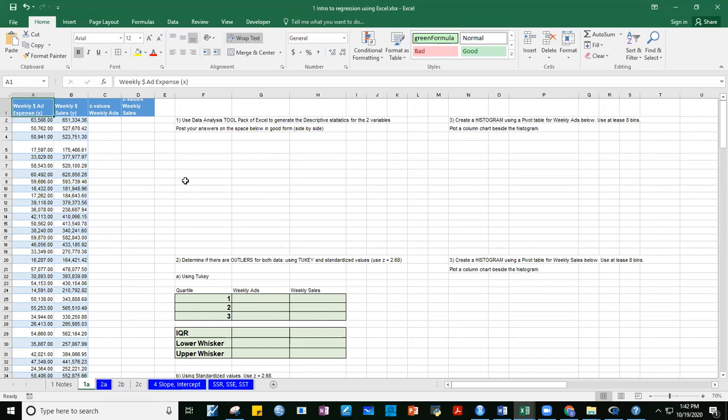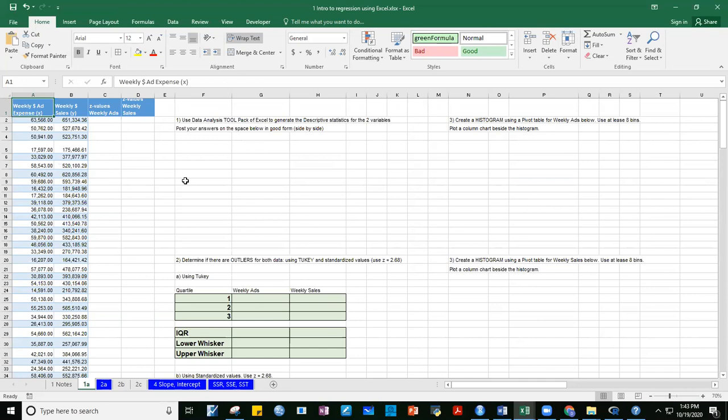there's an association. Is there an association or a relationship between your weekly ads and your weekly sales? So much so that if there's a change of $1 in weekly ads, what will be the change also in weekly sales? So is it a positive relationship, which means that an increase in one variable will also lead to an increase in the other variable?